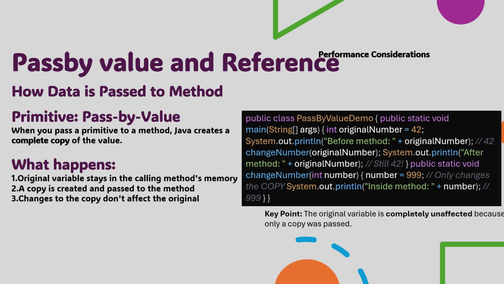When you take a look at this code snippet, you could see that we have our main method, and then we want to store a value. We've declared an integer value of 42. Now we display the value, which would display 42 for us, of course.